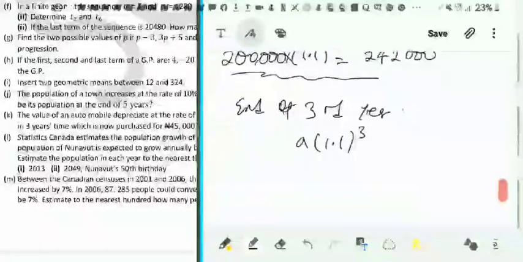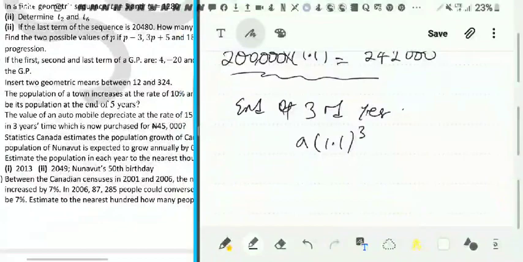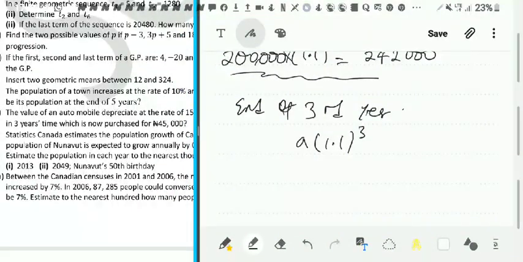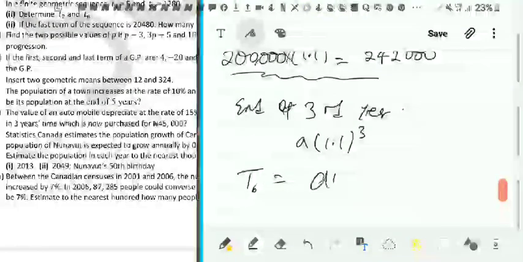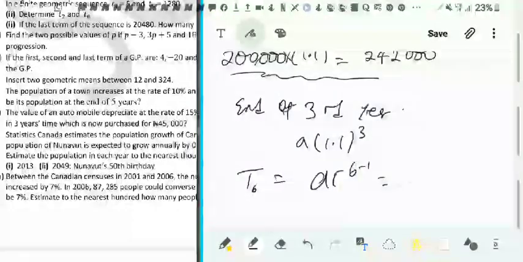So now we want to find, where's the question? The population at the end of 5 years. So it means that we're going to be looking for T6, the sixth term. Why am I using the sixth term instead of the fifth term? Because the sixth term is AR to the power of 6 minus 1, giving me AR raised to the power of 5.